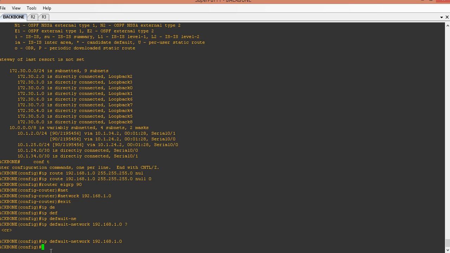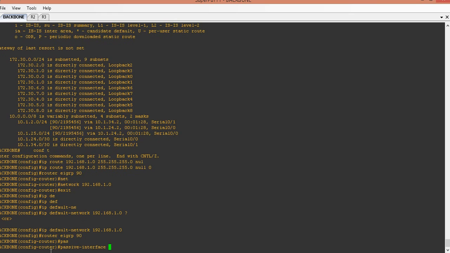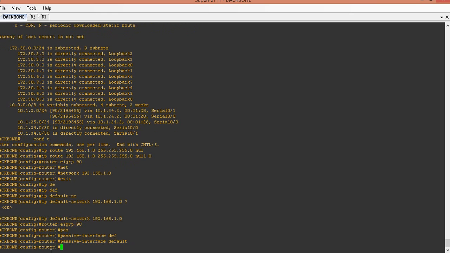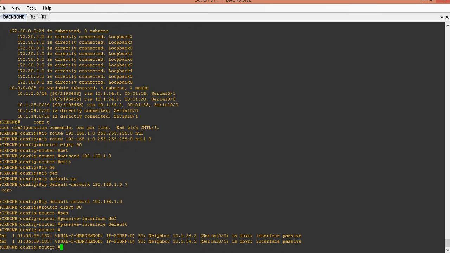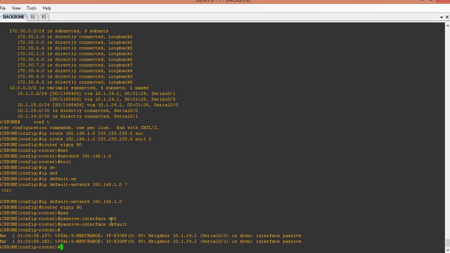Now I will go into router EIGRP 90 and use passive-interface default. Okay, so that will disable all the interfaces. Now I will have to go into serial 0/0 and 0/1 and configure them in a way that they will send hello packets.